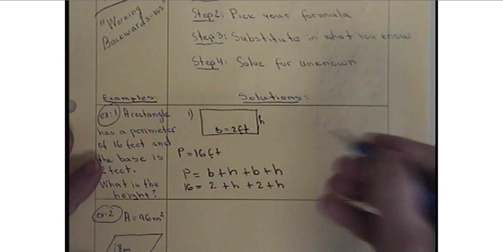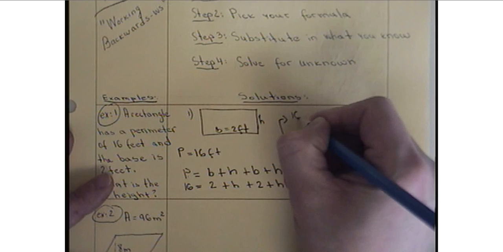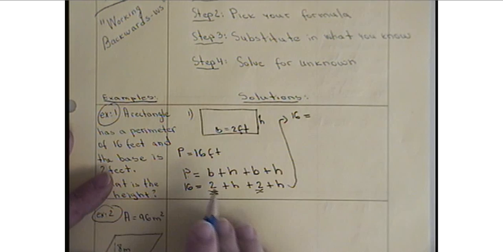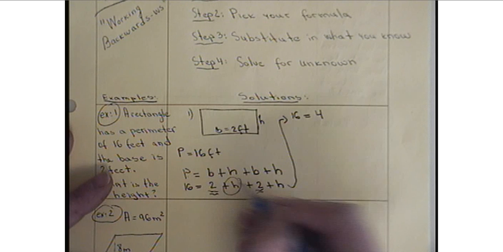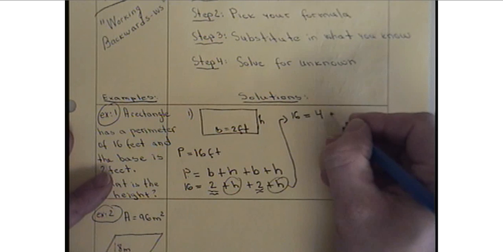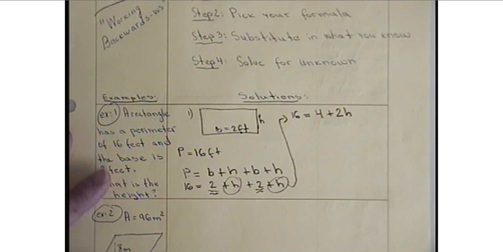I will continue writing the example: 16 equals 2 plus 2, which is 4, and then we have h plus another h, which gives us 2h.